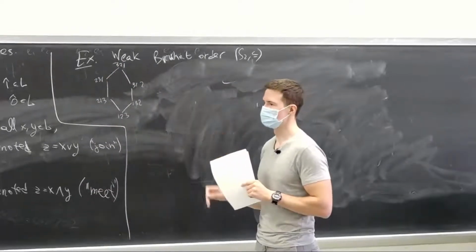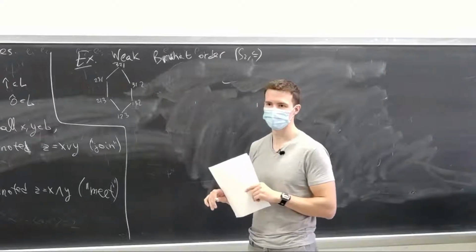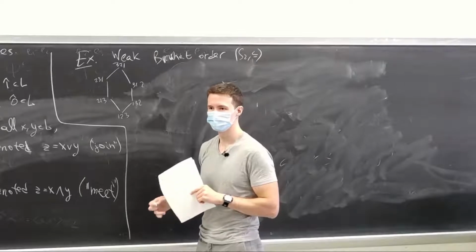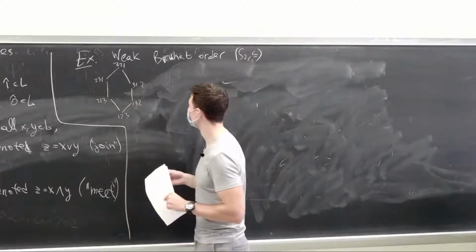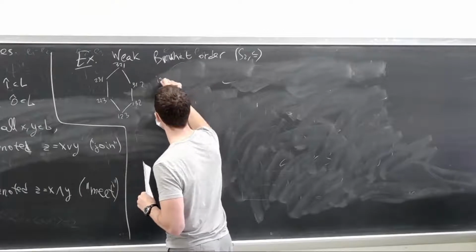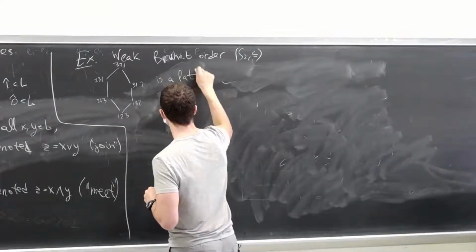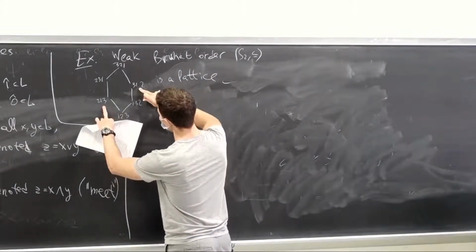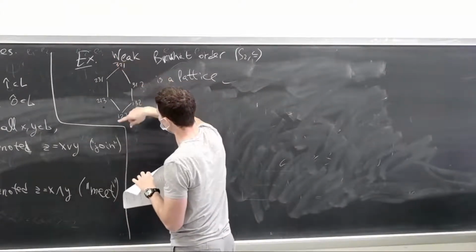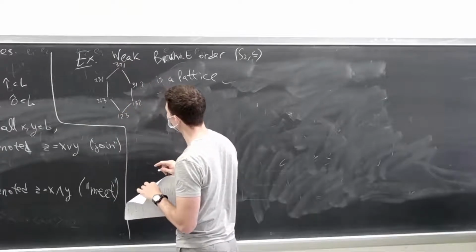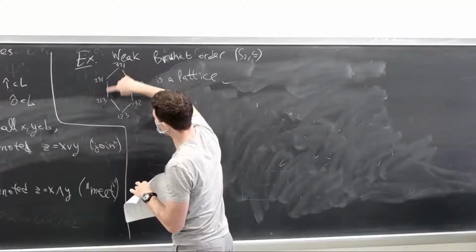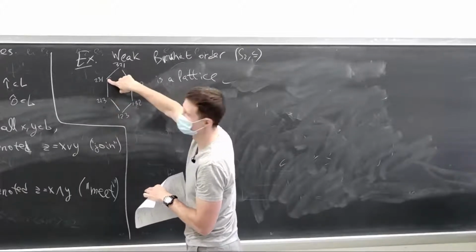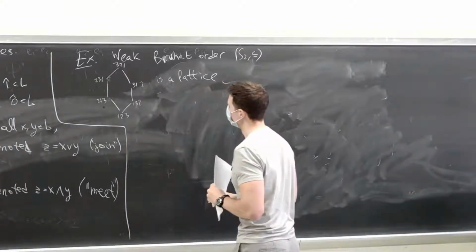So, question: is this a lattice? Okay, I see thumbs up. So this thing is a lattice. If I take any two elements, let's say 2 1 3 and 3 1 2, then there's a meet, which is 3 2 1, and then there's a join 1 2 3. If my two elements x and y look like this, 2 1 3 and 2 3 1, then the meet is this guy and the join is, so pretty easy.